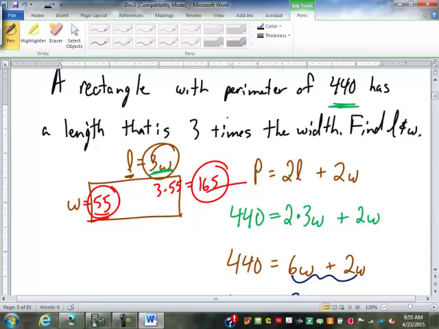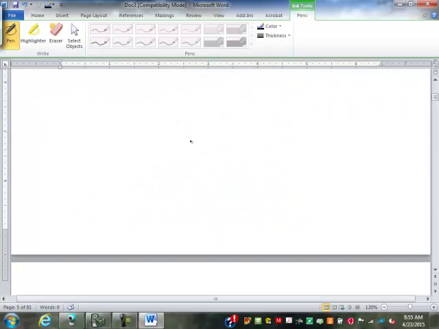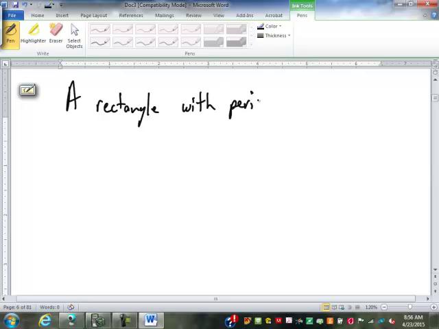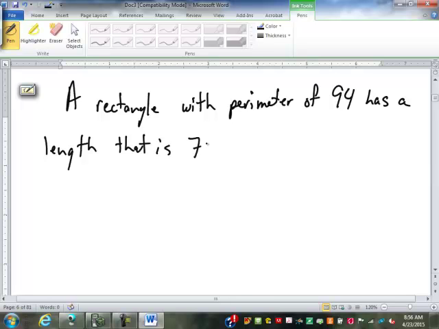We might have a rectangle with perimeter of 94 has a length that is 7 more than the width.